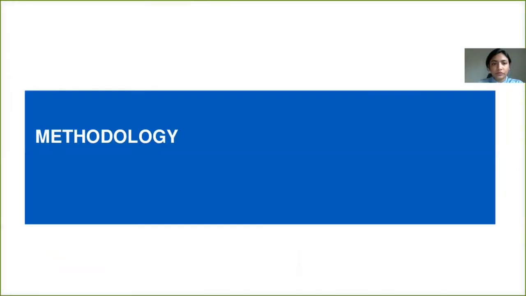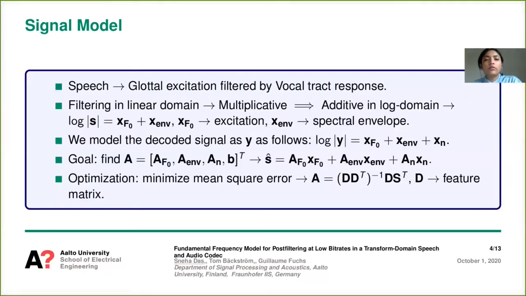So going through the signal model of our methods, very simply put, speech can be said to be produced by glottal excitation that is filtered by the vocal tract response. Therefore, filtering in the linear domain can be seen as a multiplicative operation, which in the log domain becomes an additive operation.